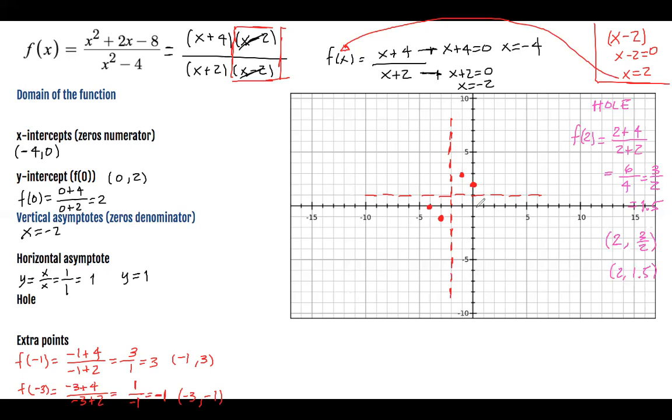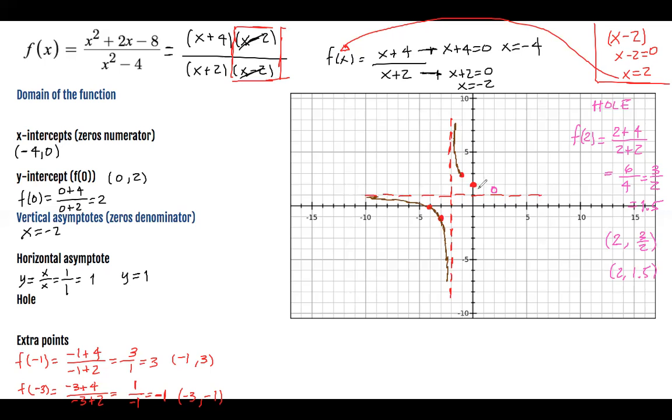So we are going to go 1, 2, and then 1.5. We're going to have an open circle over there, and that's where the hole is going to end up. So now we are able to sketch our graph. We have to approach the vertical asymptote, the horizontal asymptote, and connect the dots. Now we're going to approach our vertical asymptote, just approach.